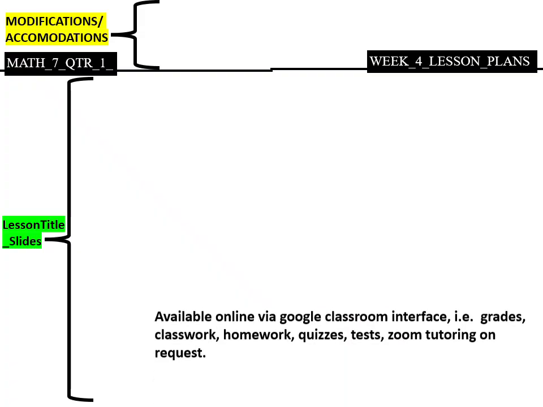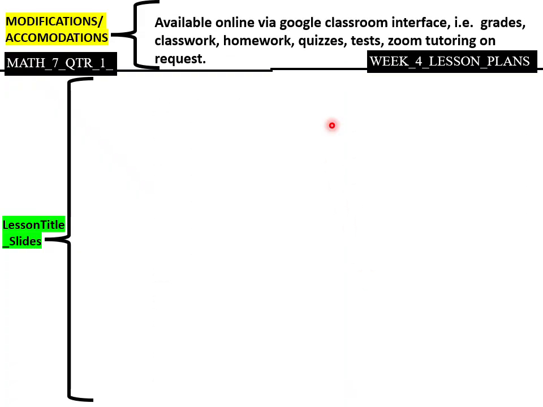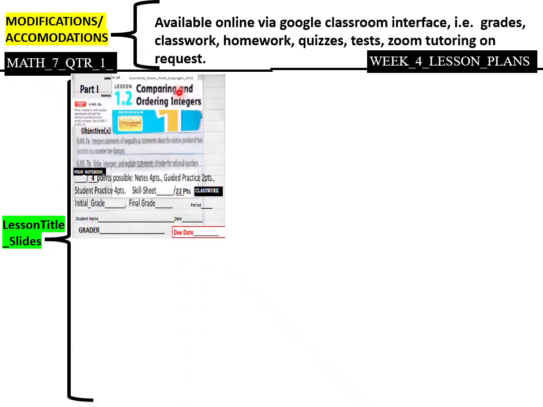Modifications and accommodations for Week 4 are available online via the Google Classroom interface: grades, classwork, homework, quizzes, tests, and Zoom tutoring on request. Let me go right in here, part 1, 1.2, comparing and ordering integers, classwork.